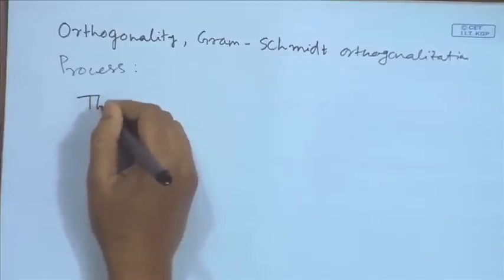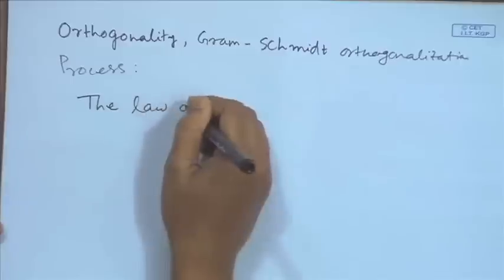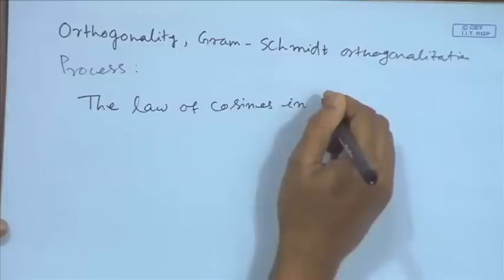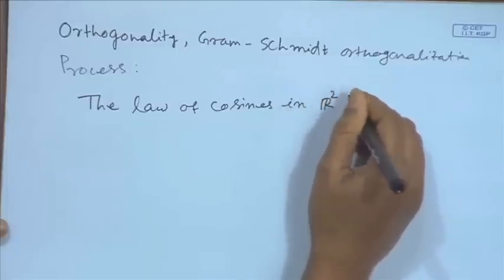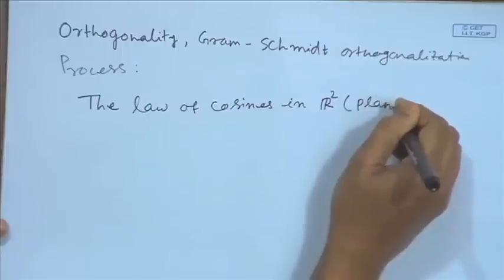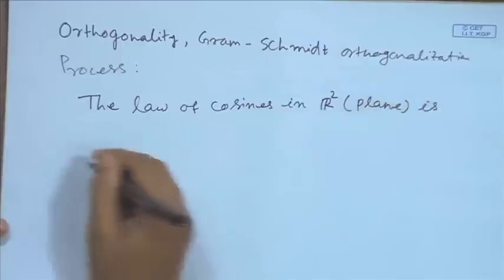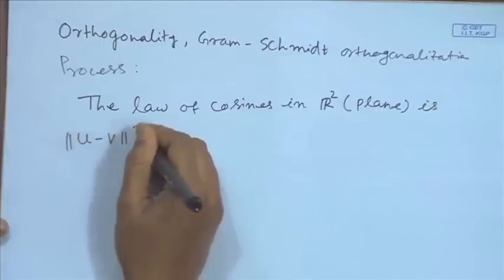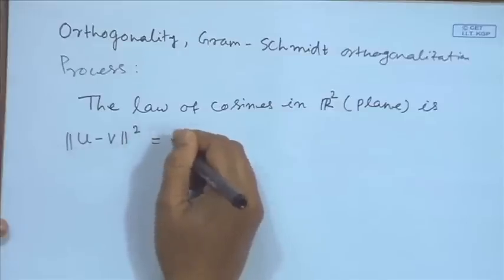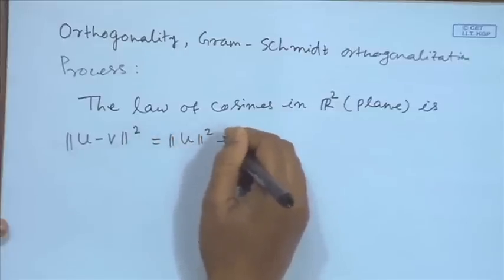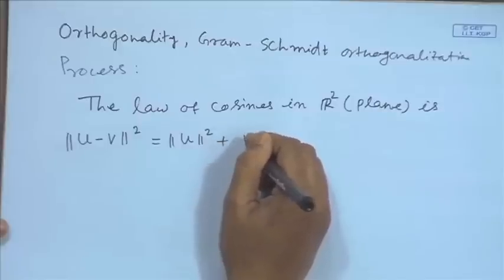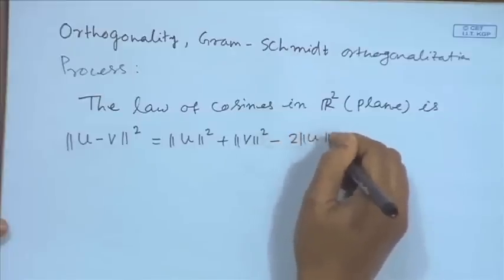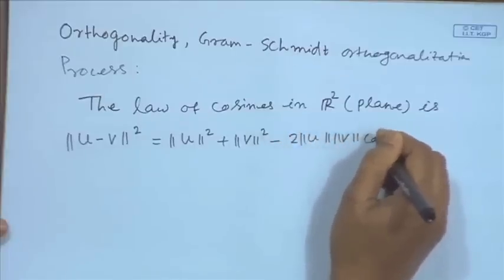The law of cosines in R2, or in a Euclidean plane, is given by norm of u minus v squared is equal to norm of u squared plus norm of v squared minus twice norm of u norm of v cos theta.